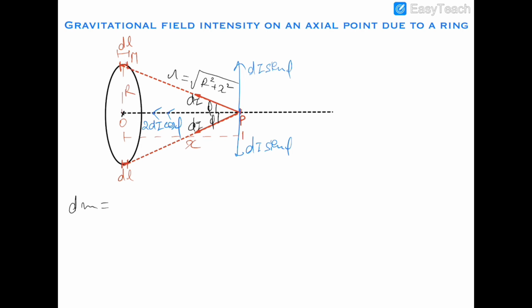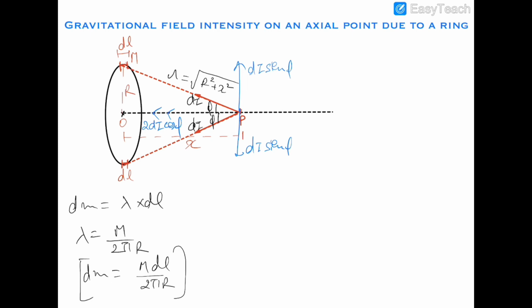So dm would be lambda into dl, where lambda is mass per unit length, which is m upon 2 pi r. So dm will be equal to m dl upon 2 pi r.